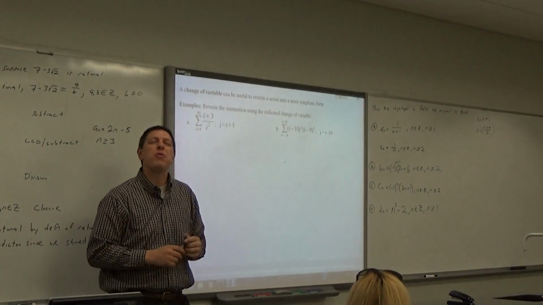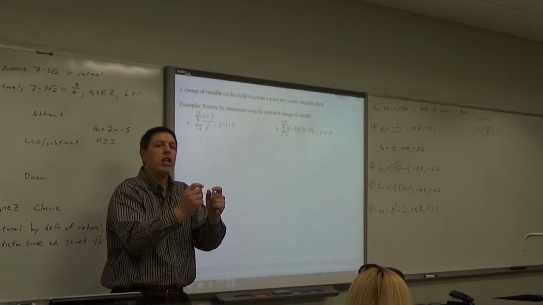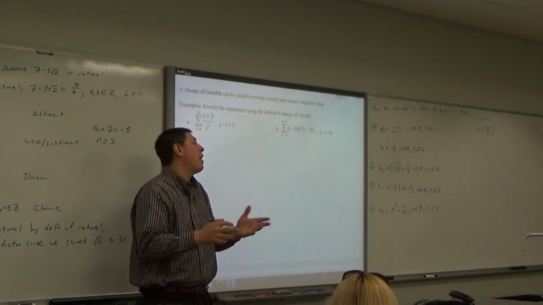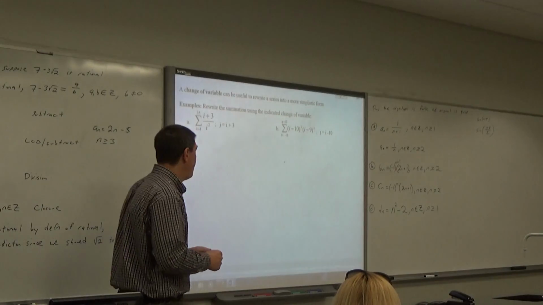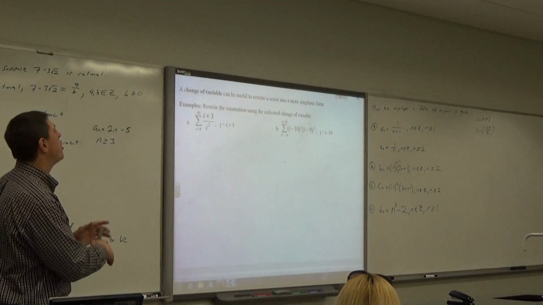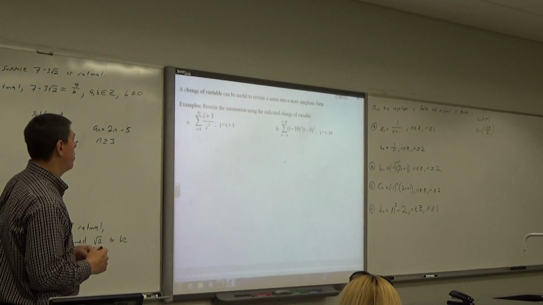Maybe some of you have done this in computer science where you had an array and you just changed the place where it starts and got a new array that was easier to work with. I just want to show you some examples where we have a series and use a change of variable to give it something more simplistic.